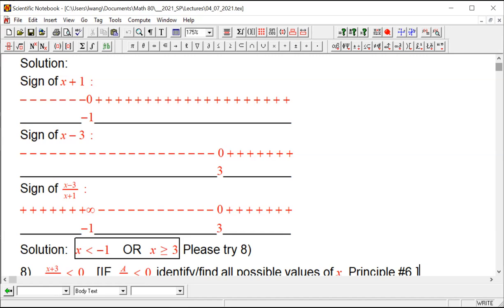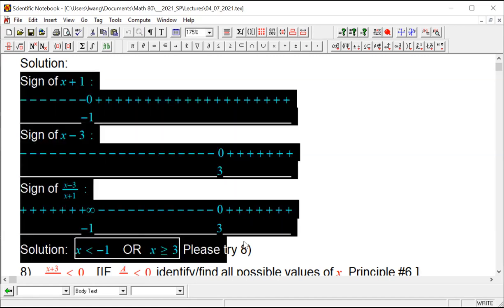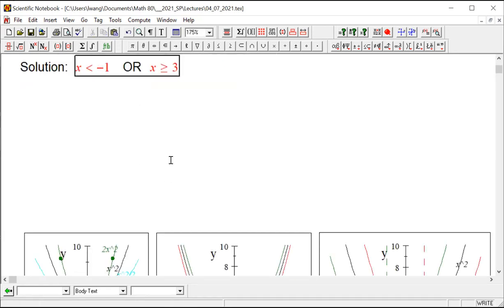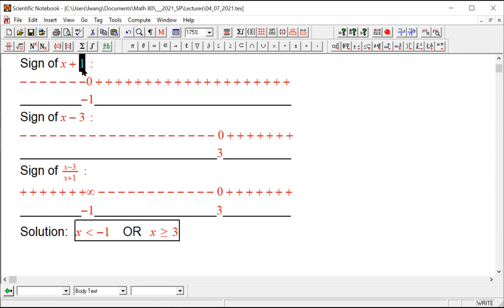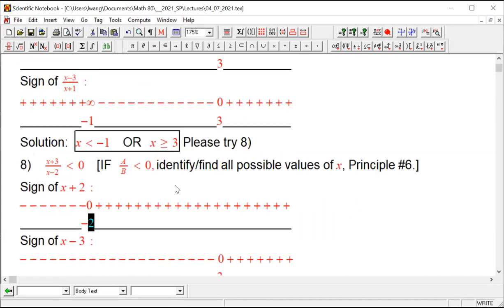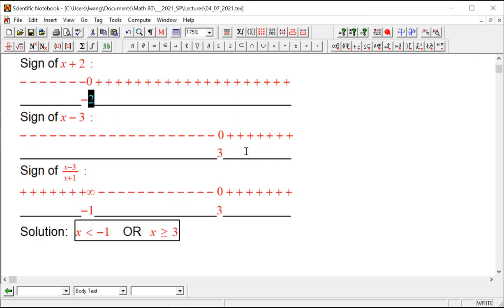Got it? So the idea is very similar, actually. Just keep doing what you're doing. Okay, so we have x plus 2 here. I'm just stealing the work we did earlier so I can quickly produce the answer.